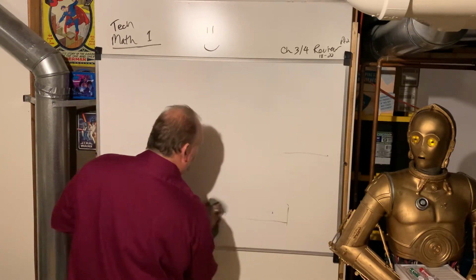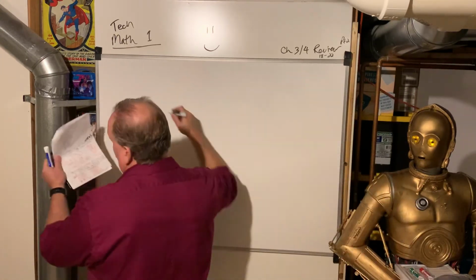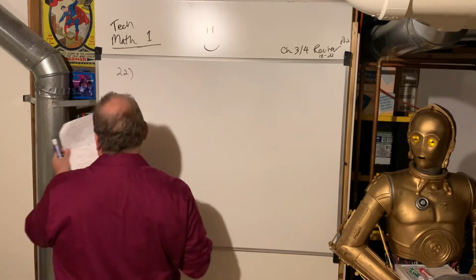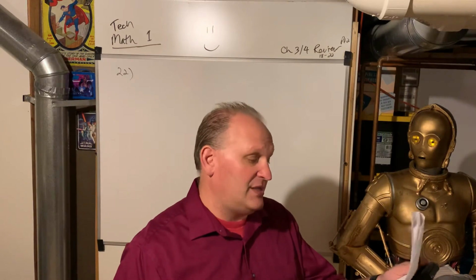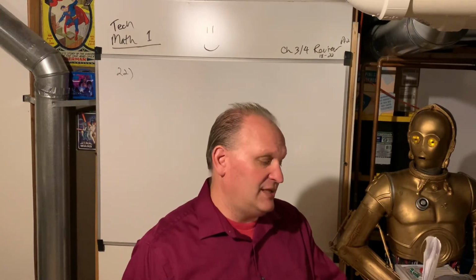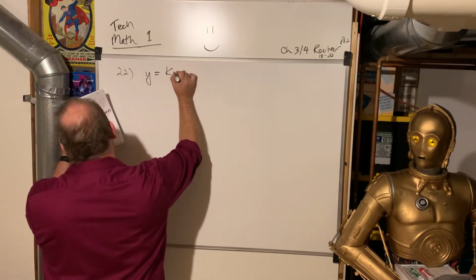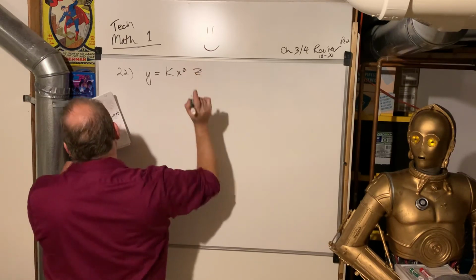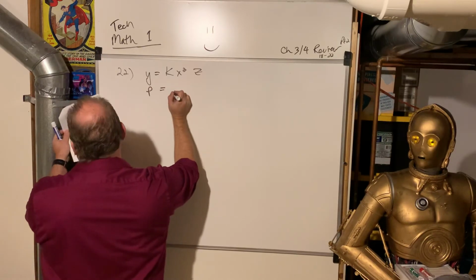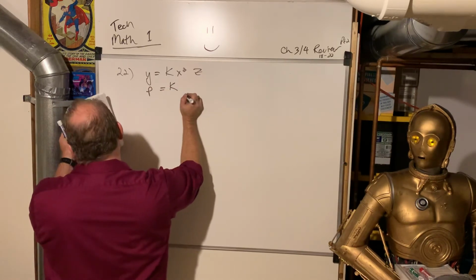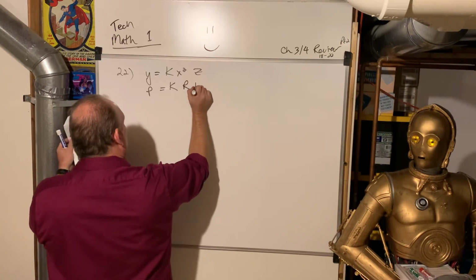All right, so let's do the last problem on this review. So 22 is the power P of an electric circuit varies jointly with its resistance R and the square of its current I. So that means it's this y equals kx squared z, but we're going to put in P for power. It varies jointly, so K comes first, and then R resistance and the square of I. So K R I squared.